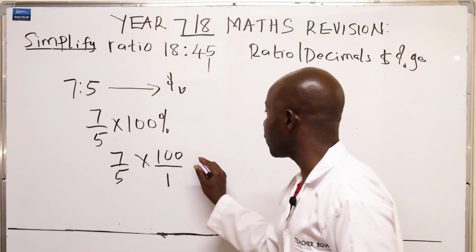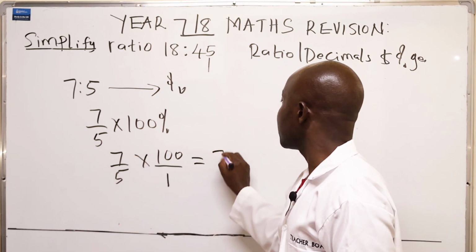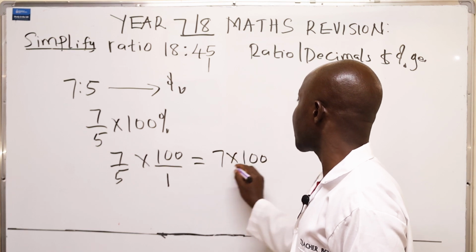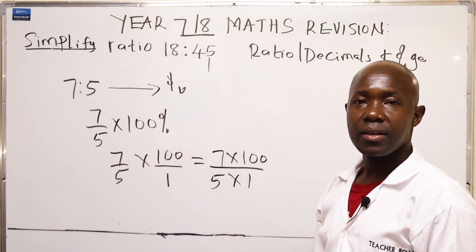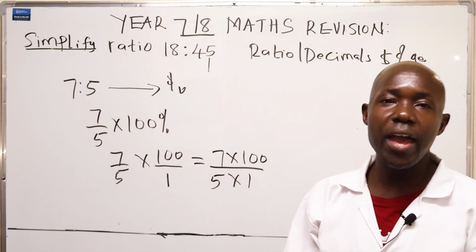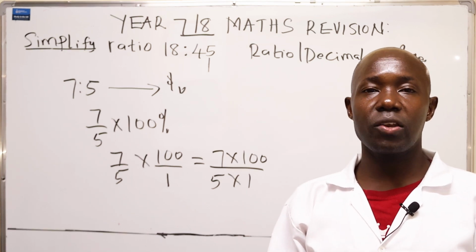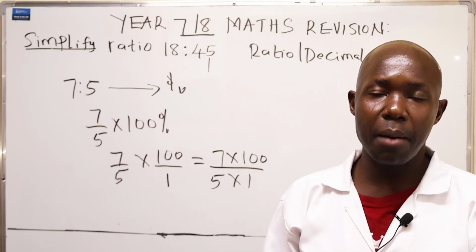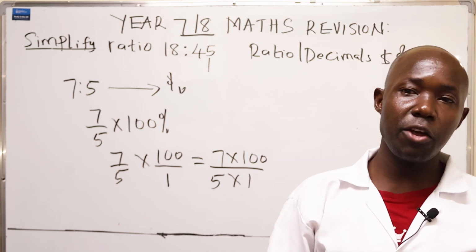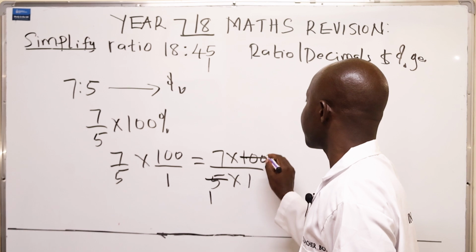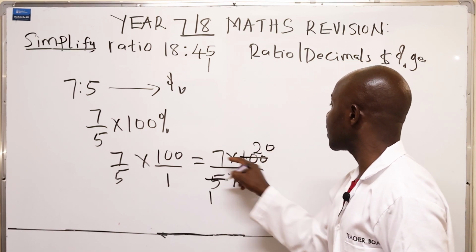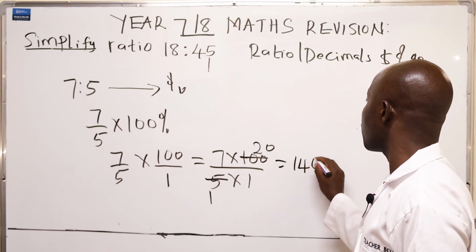In the next part, we say 7 numerators, 7 times 100 over, we take 5 times 1. Then there is a way of simplifying any number like that. You check the common number that can divide both the numerator and the denominator. An example here, 5 goes here once, 5 goes here 20. 20 times 7 is supposed to be 140.